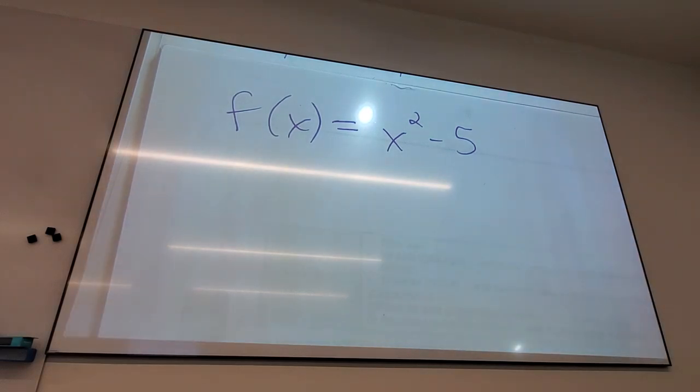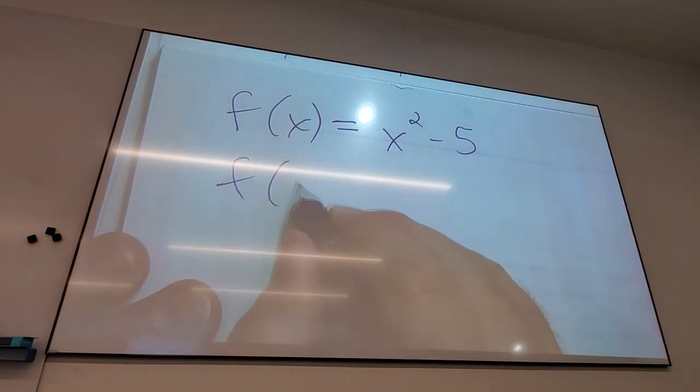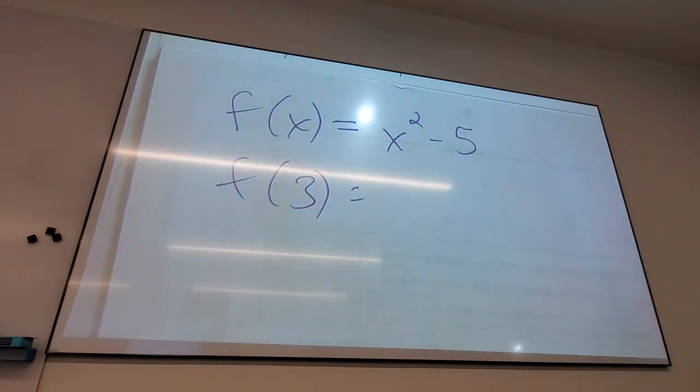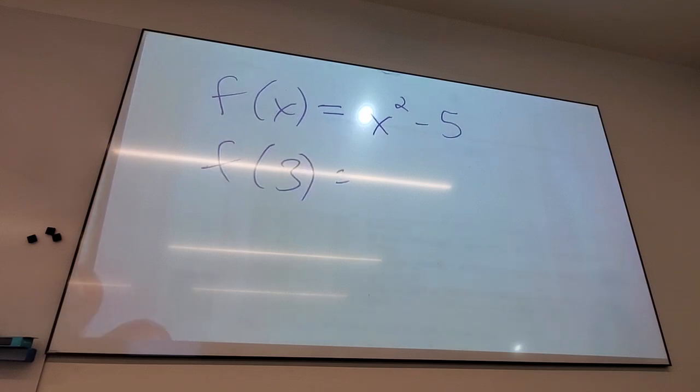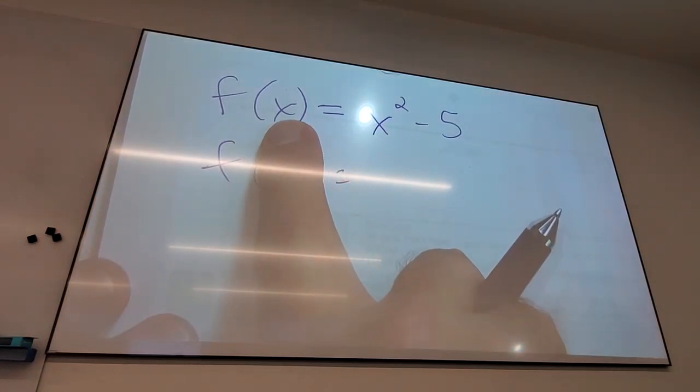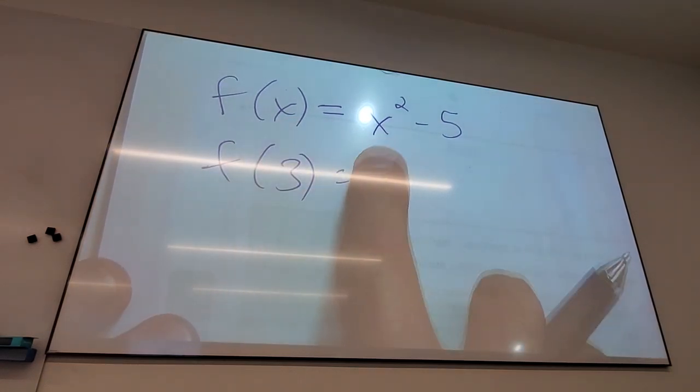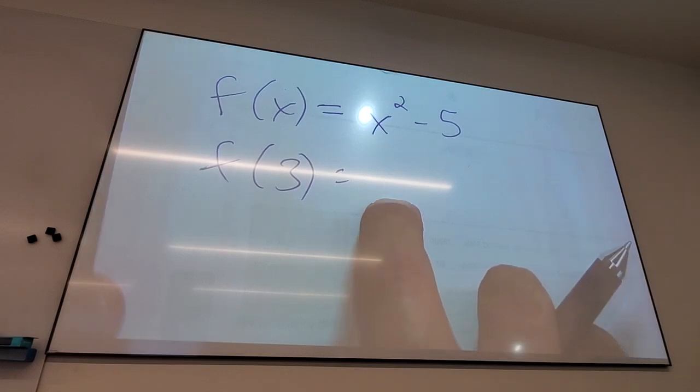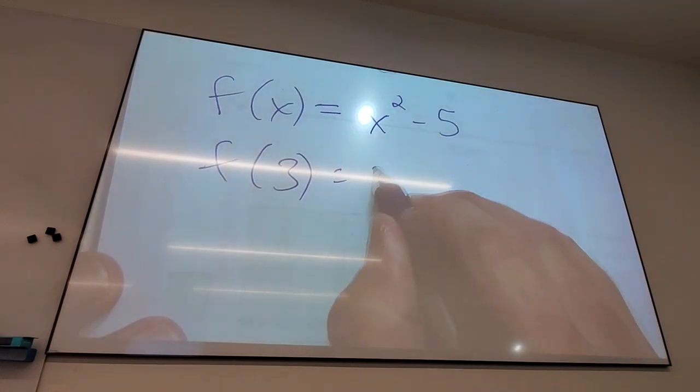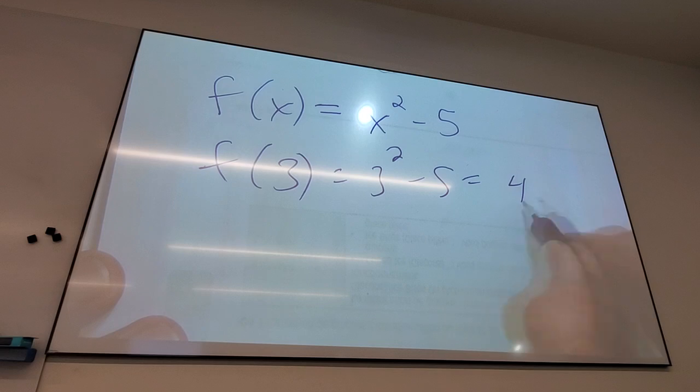Using function notation is really straightforward. It's just substitution. So how would you figure out what f of 3 is? I replaced x with 3. That's all function notation is: substitution. 3 squared minus 5, 9 minus 5.